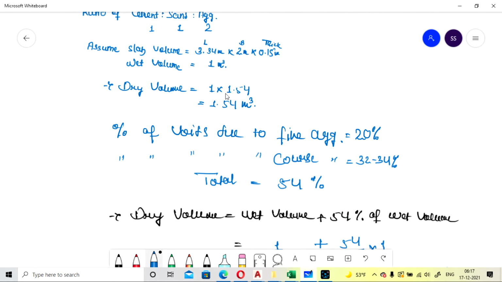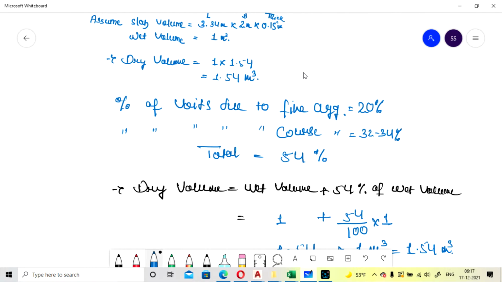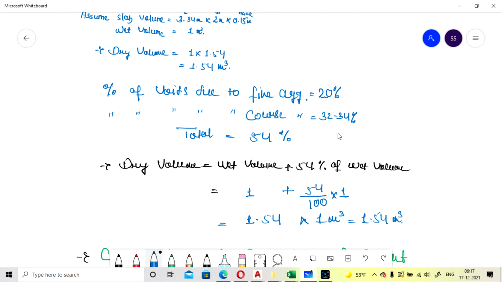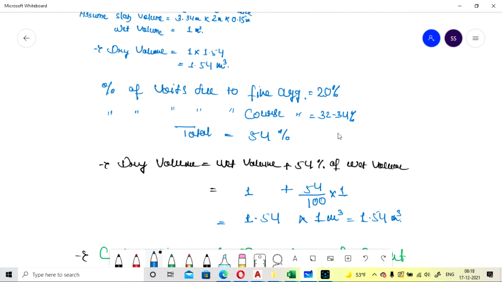So our dry volume, 1 multiplied by 1.54, will come as 1.54 m cube. So it depends on the voids due to the aggregate only. The size may vary for general building structures, that is coarse and fine aggregate. The aggregate that is less than 10 will come in fine aggregate, and the aggregate that is more than 10 or 20 will come in coarse aggregate.